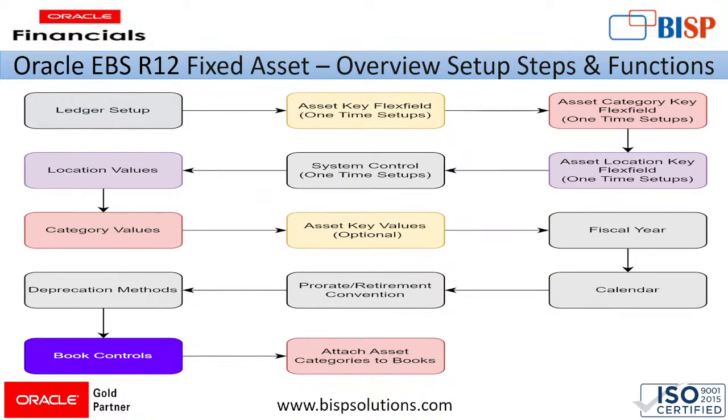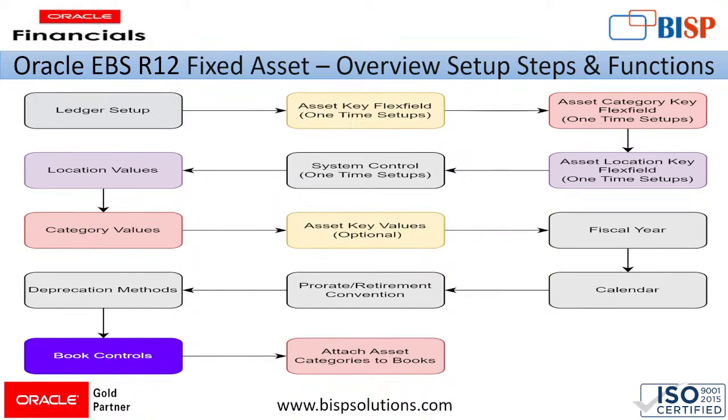In any application, when you do the configuration or implementation of assets, these are one-time setups. Once it is done, you can't change it. So one has to take due consideration while doing the setup of the asset key flexfield, category key flexfield, and location key flexfield. Right, so those are the three key flexfields in assets.